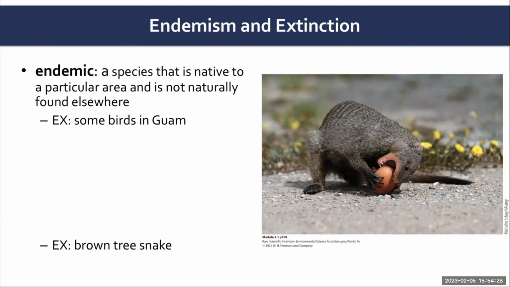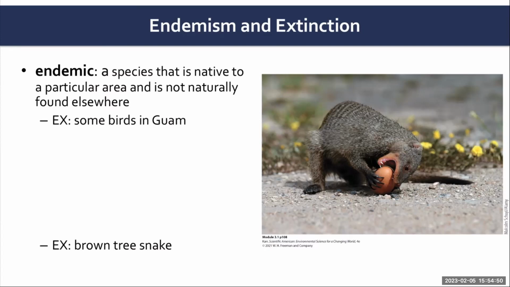If you're following along with your textbook, you are following the case study of bird species in Guam that were driven to extinction with the introduction of a non-native snake. Some of these are bird species that are found on other islands, but many of them are endemic. They're found nowhere else in the world.